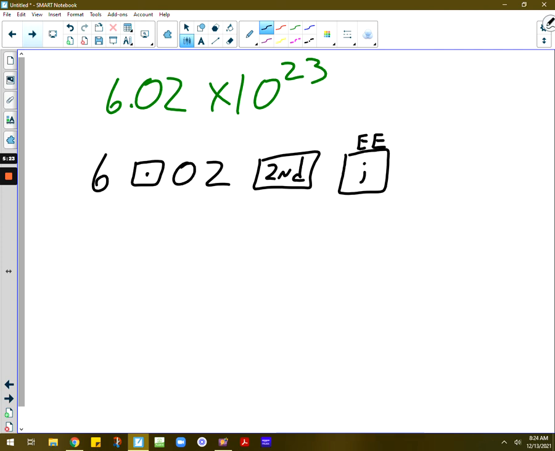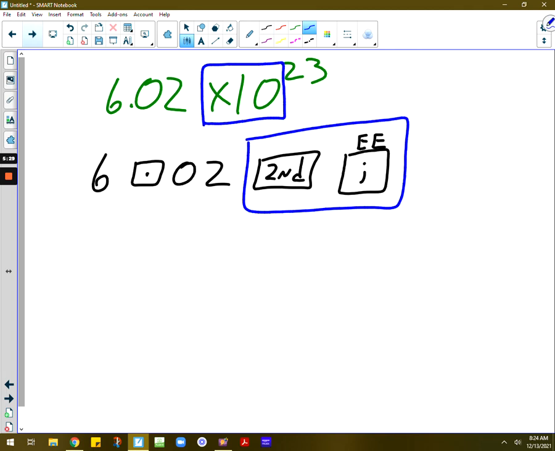That little button with the EE over it puts it into scientific notation, so it replaces that part, and then I just type in 23 for my exponent. Okay, and that's true whether you use one of your big chunky graphing calculators or one of my little midget TI calculators. It's all the same.